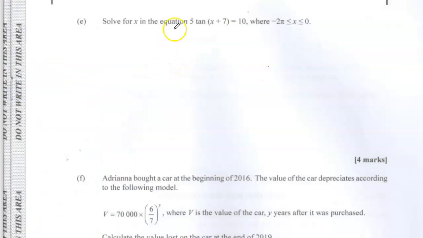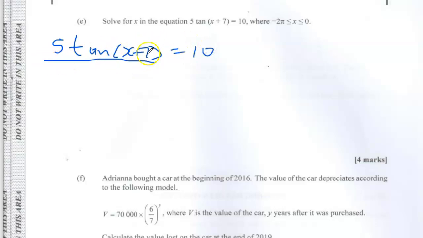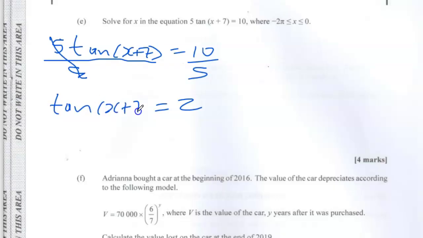Alright, so part E, solve the equation 5 tan, and we have in the bracket x plus 7, equal to 10. So naturally you can divide both sides by 5. We have 2 on the right hand side, and we have tan of x plus 7.